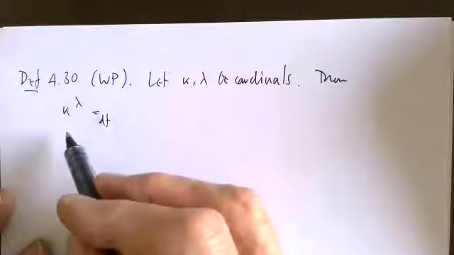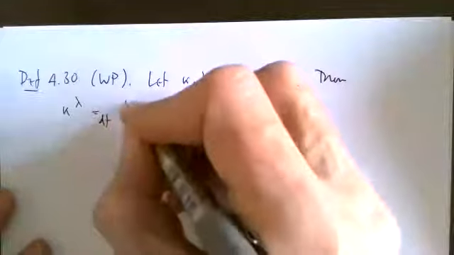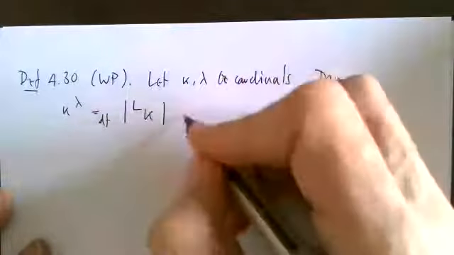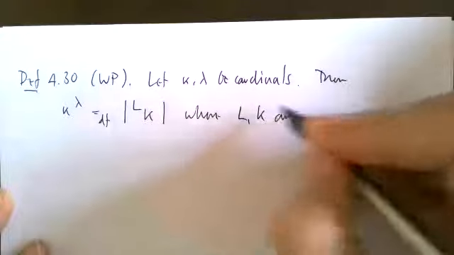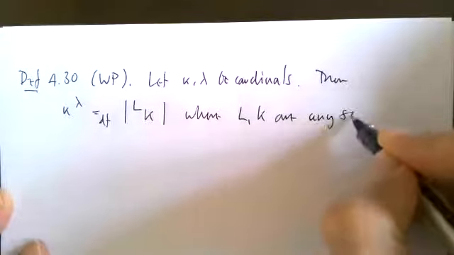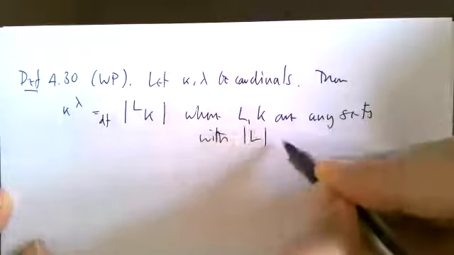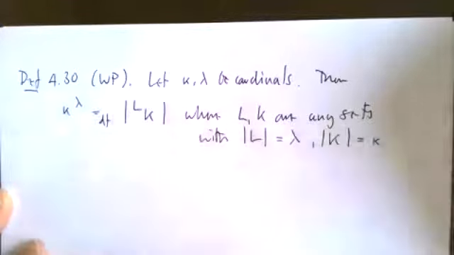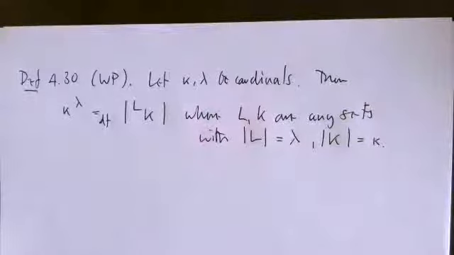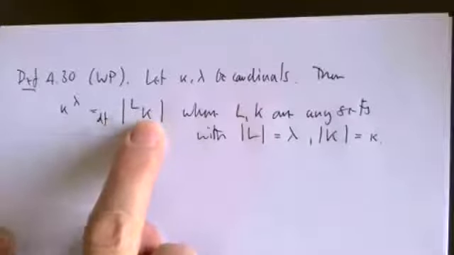And that collection, we'll say, has got cardinality kappa to the lambda. Where L and K are any sets, the cardinality of L is lambda and the cardinality of K is kappa. Right, so this is a collection of functions from L into K.